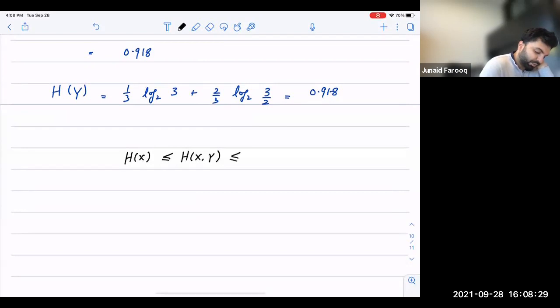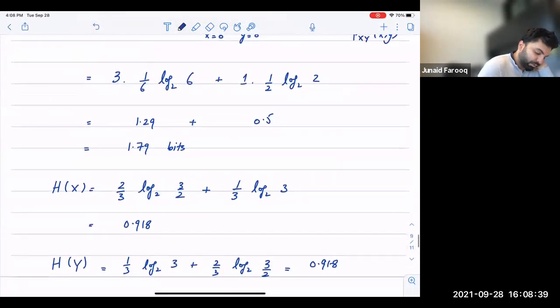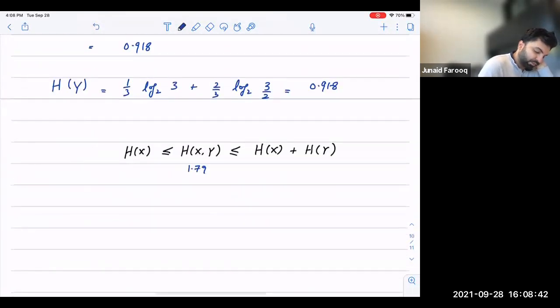But it's actually less than H of X plus H of Y. If you look at H of XY, it was 1.79. If you add the individual entropies, it comes up to be 1.83. The individual H of X and H of Y are 0.92.